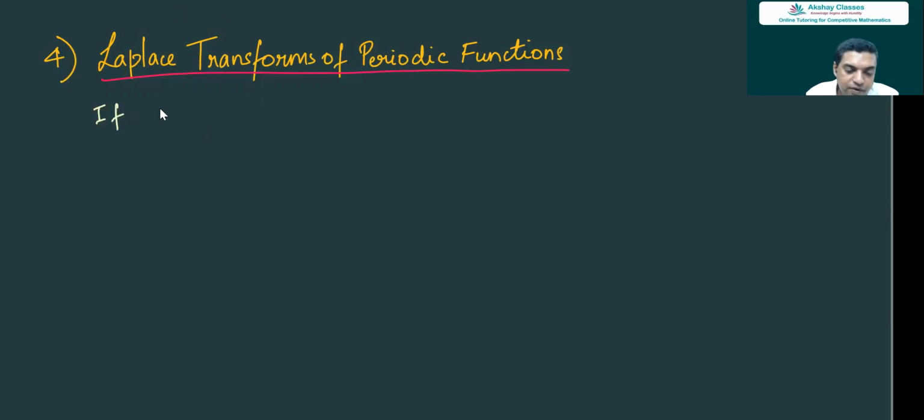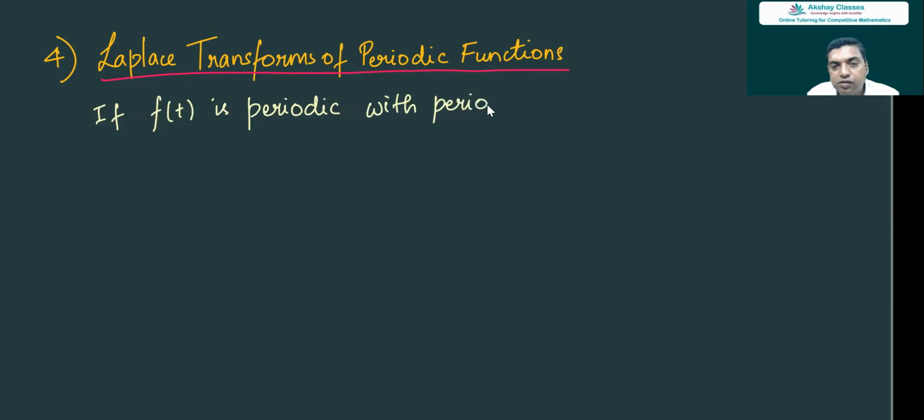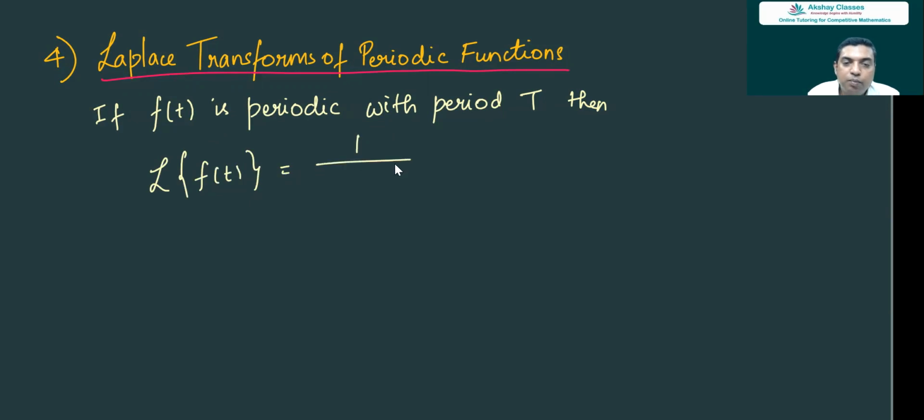So if f of t is periodic with period T, then the Laplace transform of f of t is 1 by 1 minus e power minus sT times the integral from 0 to T of e power minus s t into f of t dt.